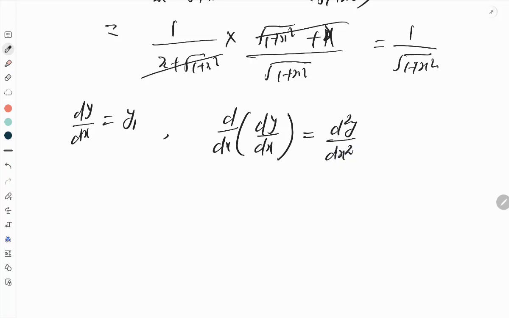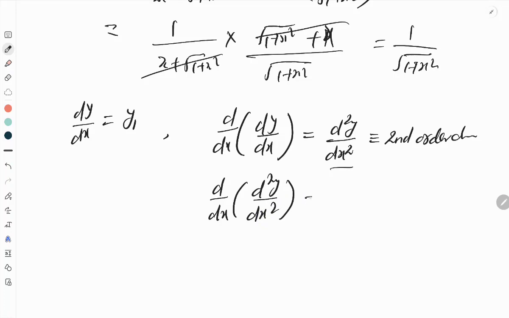Similarly, if you differentiate d2y by dx square again, it will be written as d3y by dx cube. Third order derivative means the third time you are differentiating the same function. Clear? I hope this one is clear to you.